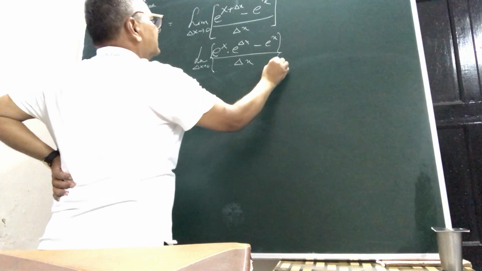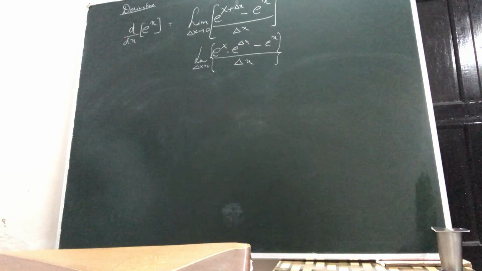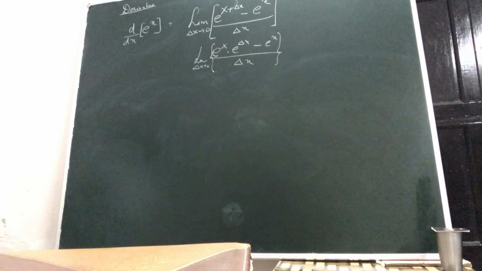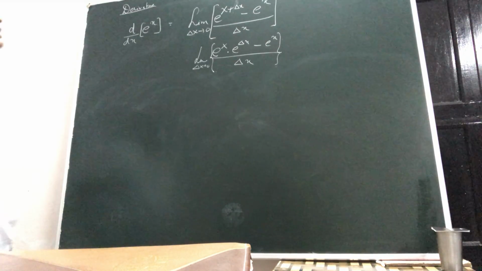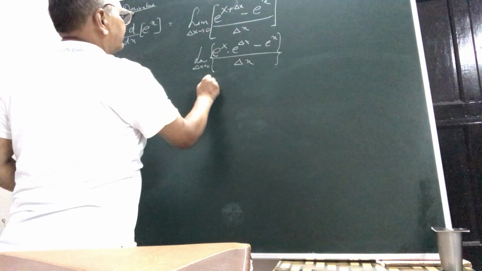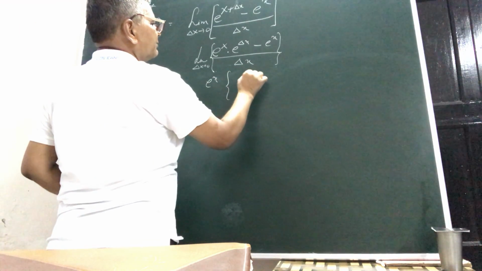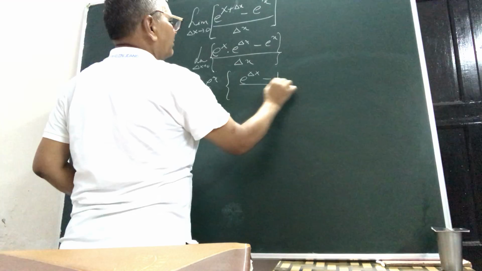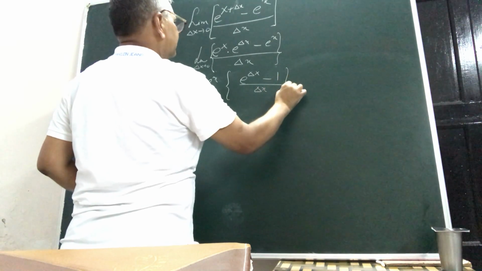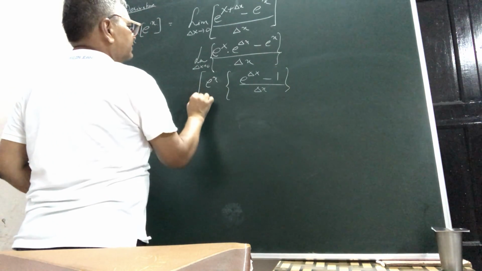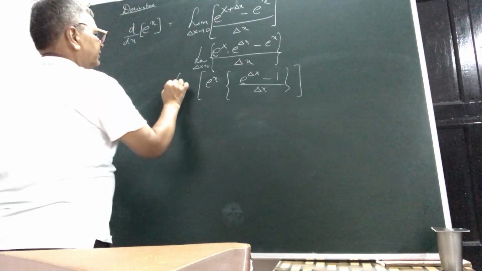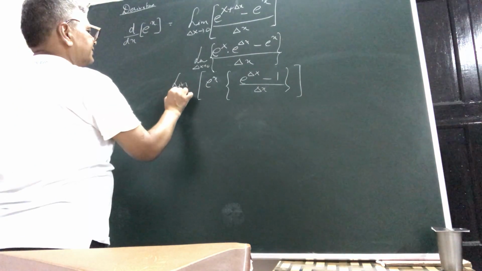And then the rest of the things are very simple. Here, when we take e raised to power x common, what we get is e raised to power delta x minus 1 upon delta x, limit delta x tends to 0.